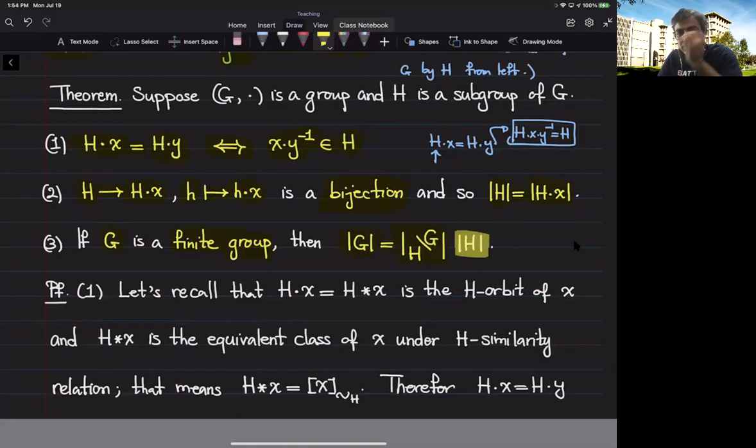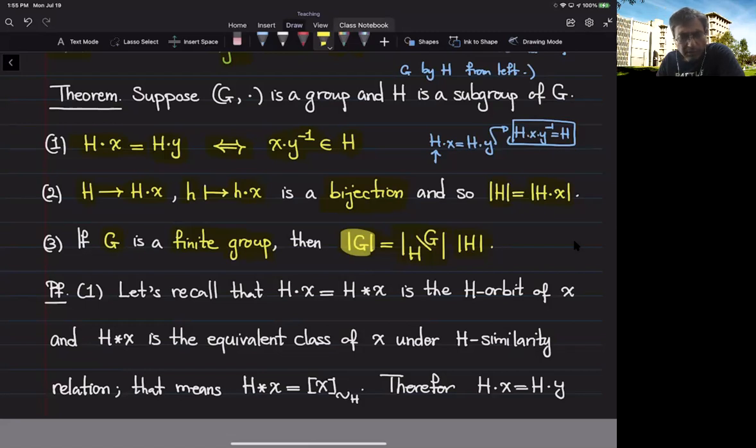They have the same cardinality, and that's the cardinality of h. So I get that the cardinality of G is simply the number of h orbits times the cardinality of h. This is an extremely important equality. In particular, this implies that the cardinality of every subgroup divides the cardinality of the ambient group. This is what we call Lagrange's theorem.